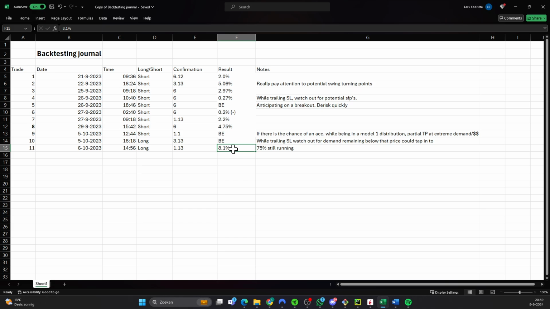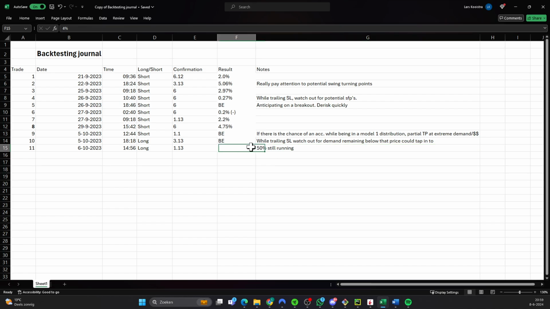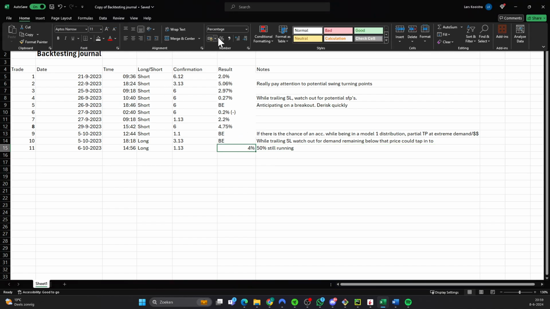I'm going to say 4% here, and then 50% still running, as if we took a 50% TP. At the end of our back testing, if this is still running, then I'll just realize it. Boom.